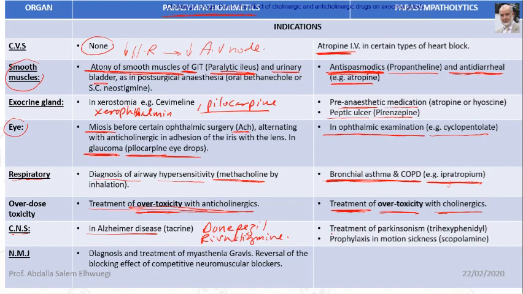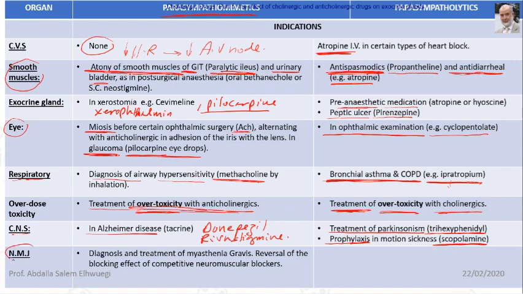On the opposite, on the CNS, we said atropine-like drugs are used in treatment of Parkinsonism because they will decrease the tone of the skeletal muscle. And the most famous example is trihexyphenidyl. Also, they are used as a prophylaxis in motion sickness, and the most famous example is scopolamine, which is taken an hour or so before riding any moving object.